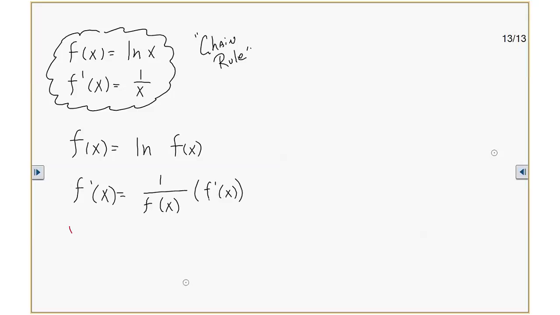Okay, the derivative multiplied by the derivative of what's inside the parentheses. So that's another rule.